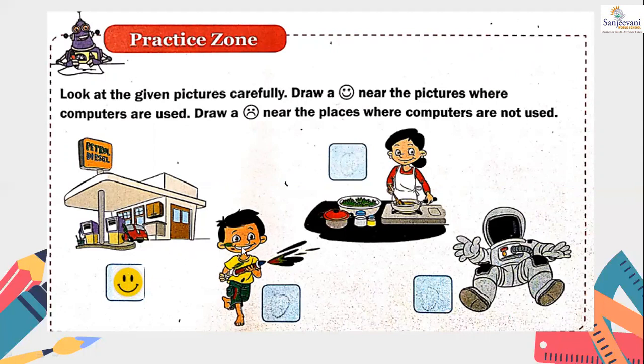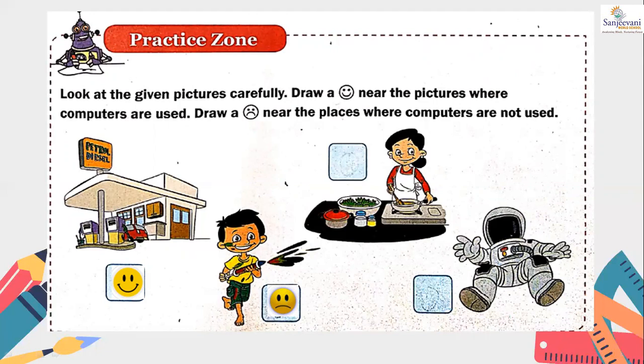The next is a boy. He is playing Holi. So is he using a computer? He has a water pump in his hand. So he is not using a computer. So he will get a sad smiley. And the third one, you can see a woman cooking in the kitchen.